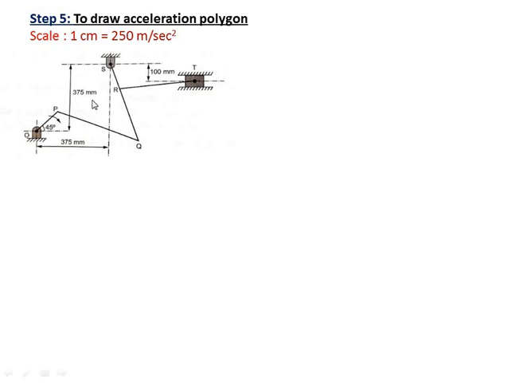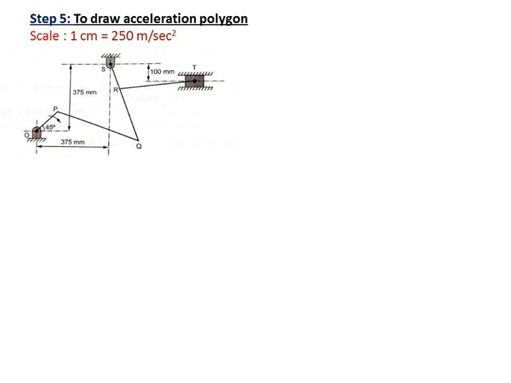So this is the configuration diagram which we have drawn. With reference to this, we will draw the acceleration polygon. And the second important thing is to draw the acceleration polygon, you need to draw the velocity polygon first. Without drawing velocity polygon, you cannot proceed to the acceleration polygon because you need to calculate the values of centripetal acceleration.